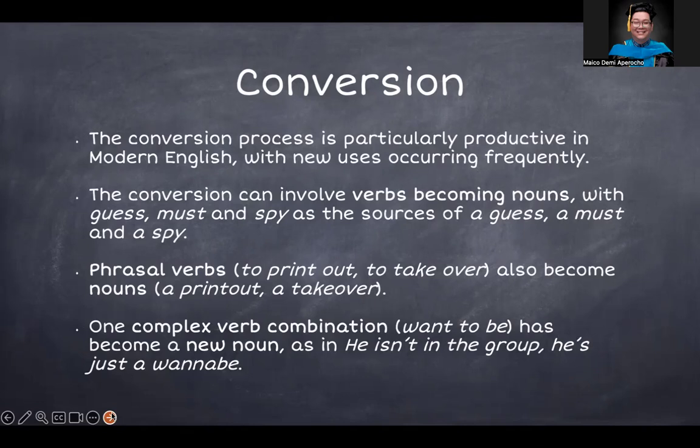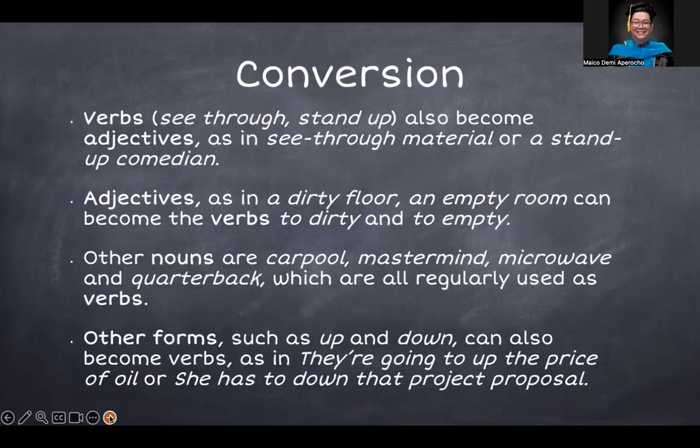I don't know if you have noticed it, but the original phrase is want to be, which is a verb phrase. However, it has now been converted into a noun, a wannabe, someone who wants to become another version of himself or herself. We also have verbs such as see through or stand up, which we can now use as adjectives, as in see through dress or see through clothing, or a stand up comedian.